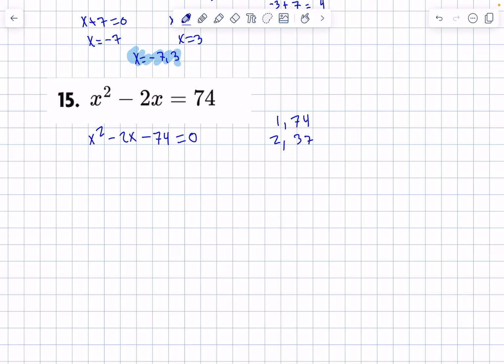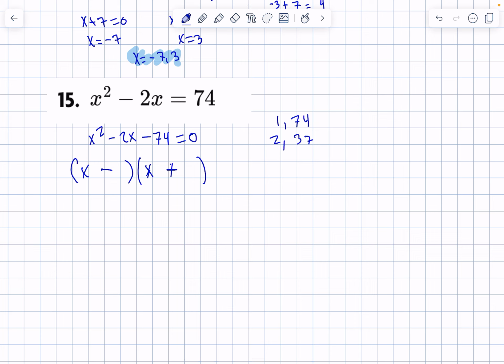So what am I thinking about now, right? Now I have very few numbers that actively multiply to 74. None of these numbers actually add up to -2. If I'm trying to do this by factoring, it has to be a minus and a plus. Do you see that?